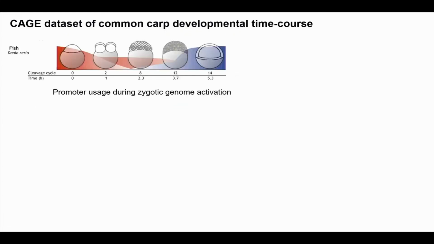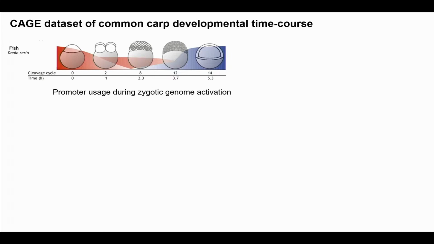So how did the data quality look? As I said, we were interested in zygotic genome activation, where before the zygotic genome activation, maternal transcripts dominate, and after the zygotic genome activation, the zygote starts to express its own genes.